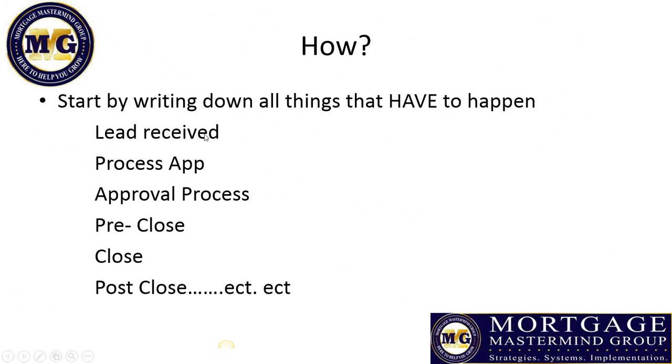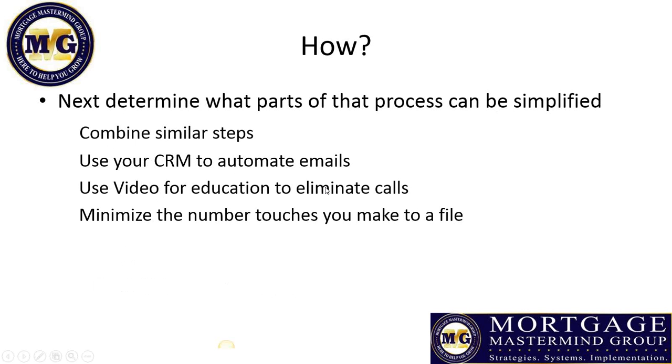You've broken down every single step for what has to happen during the lead process, the process, how you process the application, how it goes to approval, all of the pre-close scenarios. Everything is written down. You've combined all the similar steps that you've got.